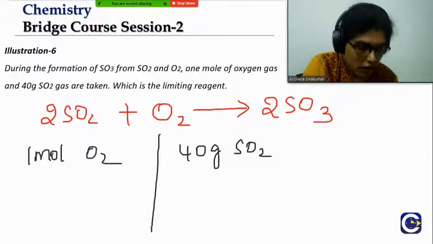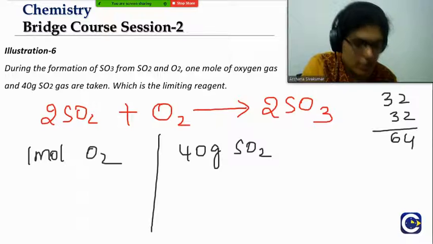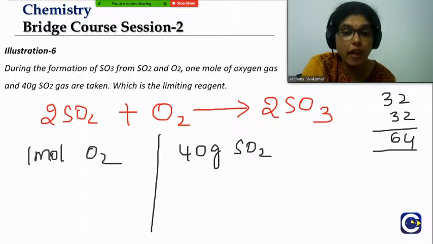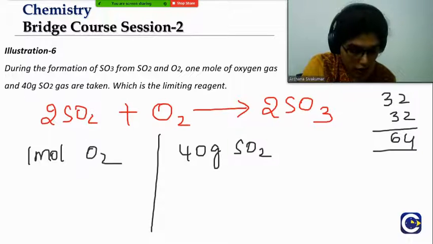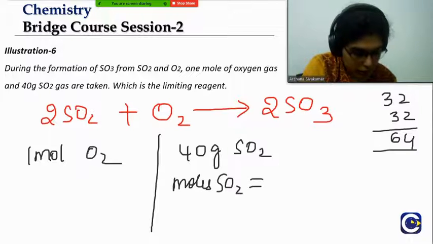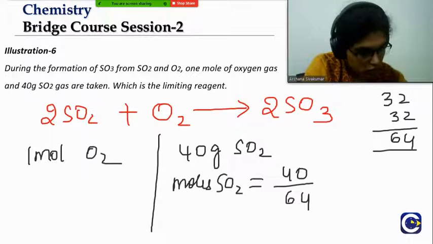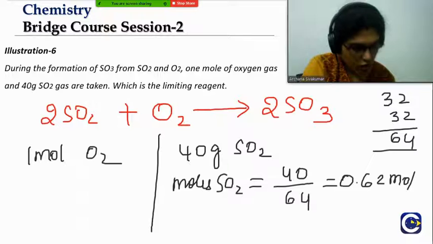Sulfur is 32 plus 32, so the molar mass of sulfur dioxide is 64. To convert this into moles, moles of SO2 will be 40 over 64. You will get 0.62 moles.